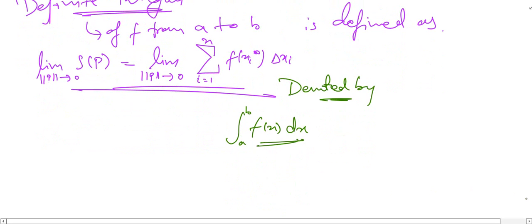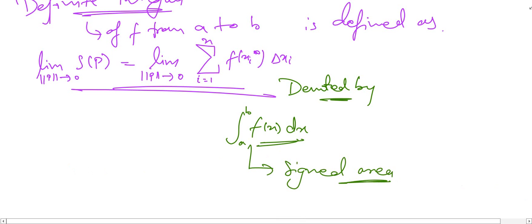So this is the core concept, or the actual concept behind the integral. And one more point to ponder upon is that the integral would actually provide you the signed area.